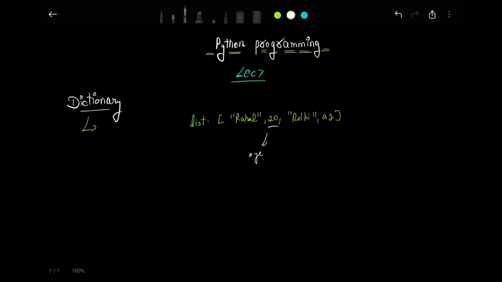It could be an age, it could be a roll number, or it could be marks. The list stores the values, but it doesn't tell us what each value means. We have to remember that index 0 is name, index 1 is age, index 2 is city and index 3 is marks. This becomes confusing, especially when the data grows.